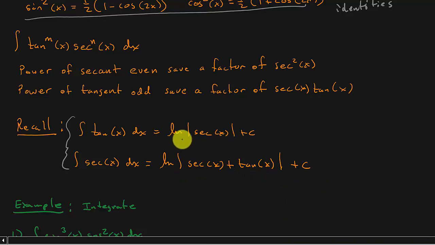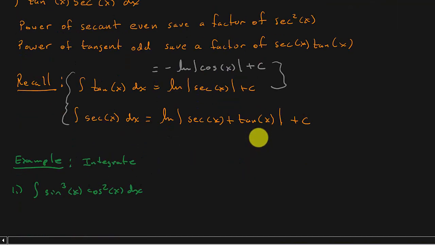Now this one right here, you may also see it as equaling negative natural log of cosine x plus c. I don't know which one your teacher shows you, but either one of them is correct. All right, so let's go ahead and get started with some examples.